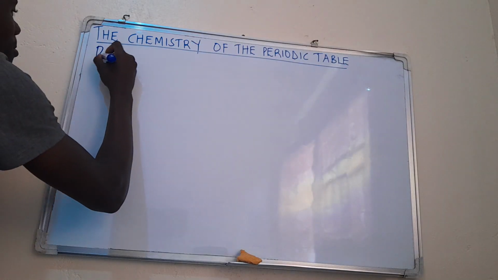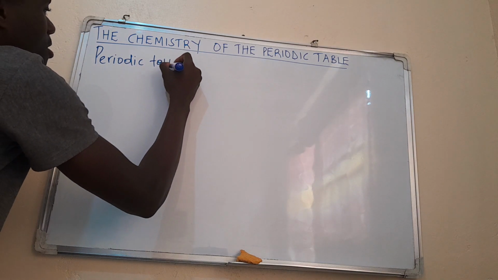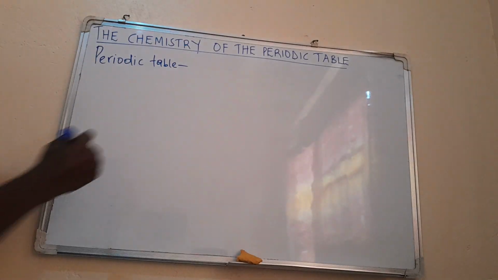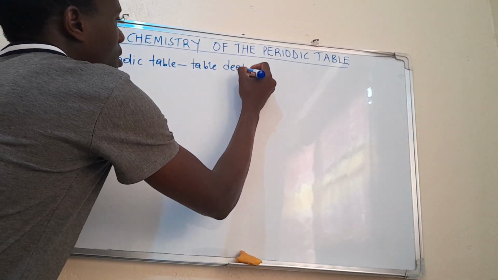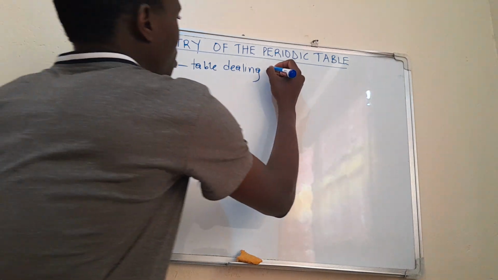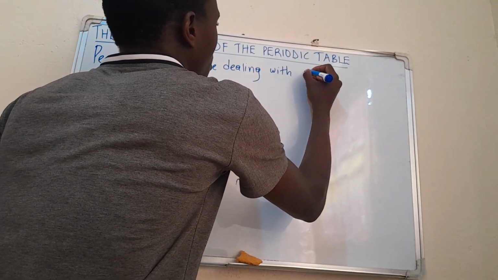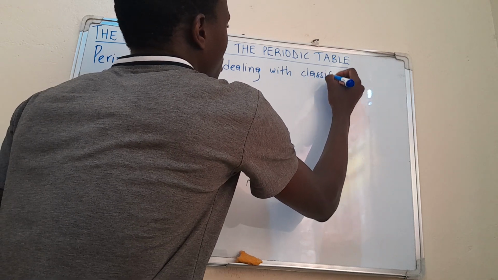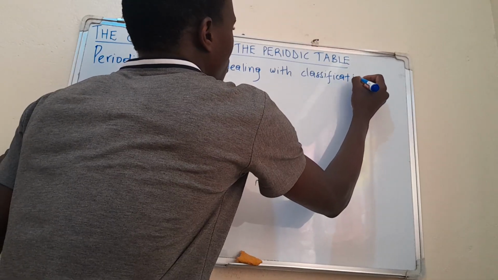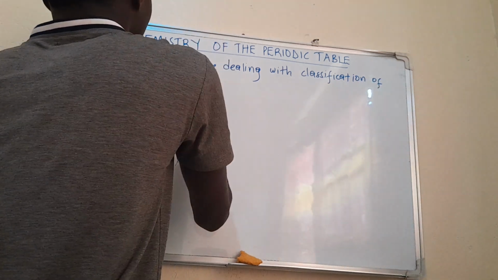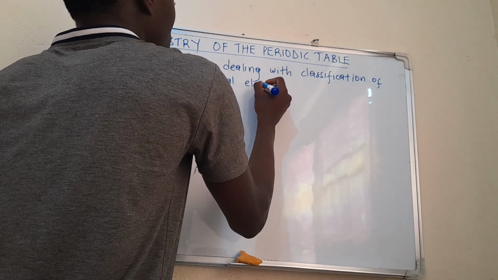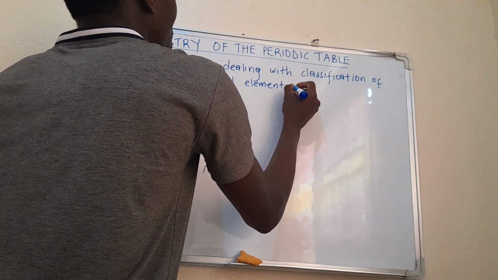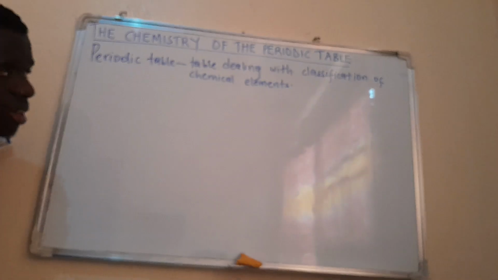So this periodic table is just a table dealing with classification of chemical elements.